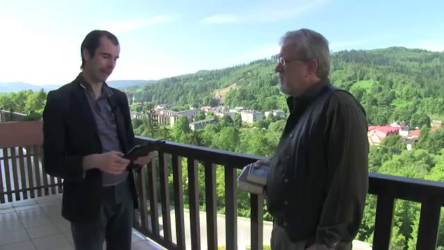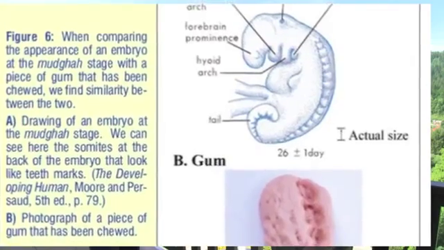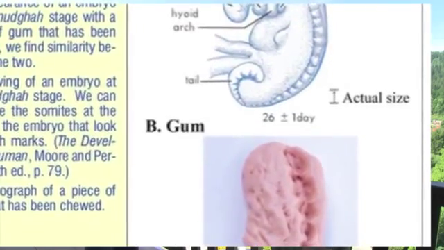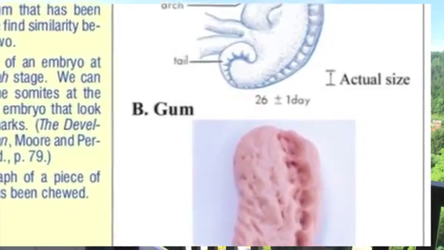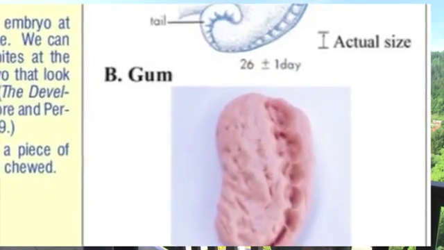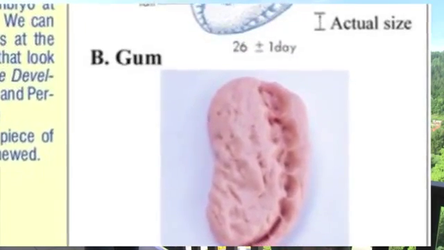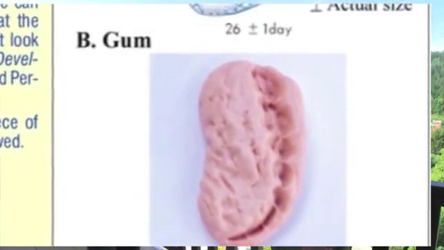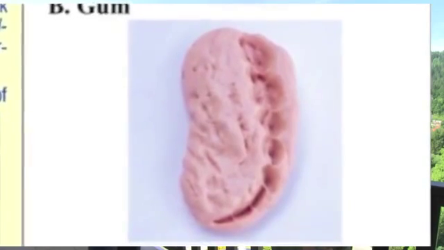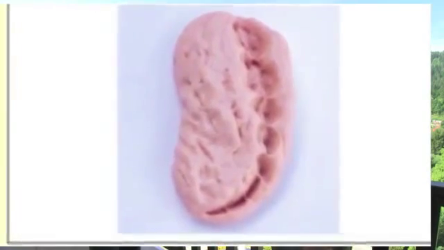They also show a piece of chewed gum with tooth marks that resemble somites, and the embryo is a pharyngula stage embryo, but really the chewed gum has been manipulated to look like the human embryo when there is no resemblance at all. It's really clutching at straws.